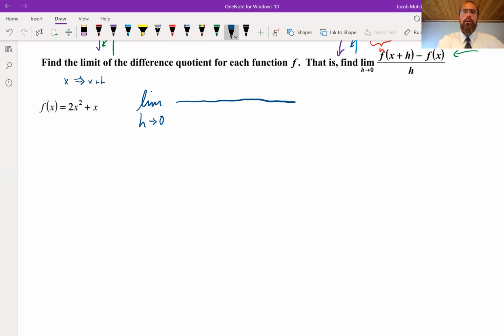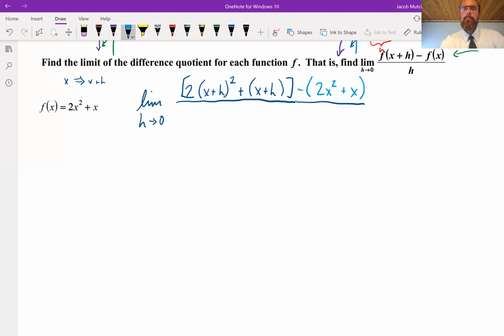So the way that'll look is it's 2 times parentheses x plus h squared plus x plus h. And then I'm going to subtract from that simply the original. So minus 2x squared plus x, because that piece is just f of x. For my denominator, the nice thing with this version is that it's just h.